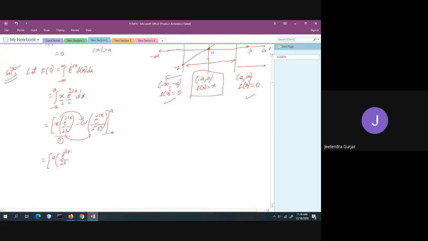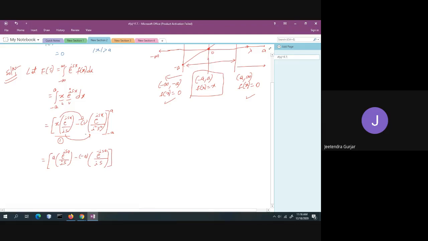Is it clear? So a has been substituted. Now I will substitute minus a. So minus of minus a, e raised to minus i s a divided by i s. So this is over, the first value.